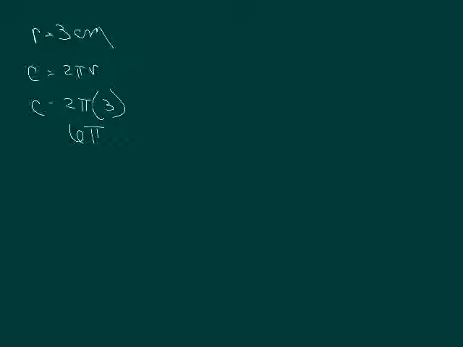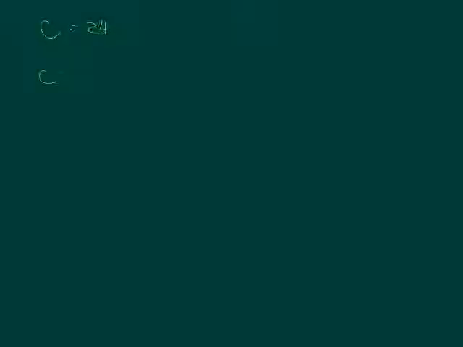The next one down, example 3.3, is a little bit different because it is telling you the circumference of the circle is 24. And it wants you to find the radius. Well, we know that the circumference of a circle is 2 pi r. We know that the circumference, or c, equals 24, so we're going to replace our c with 24, and we'll put 2 pi r there.